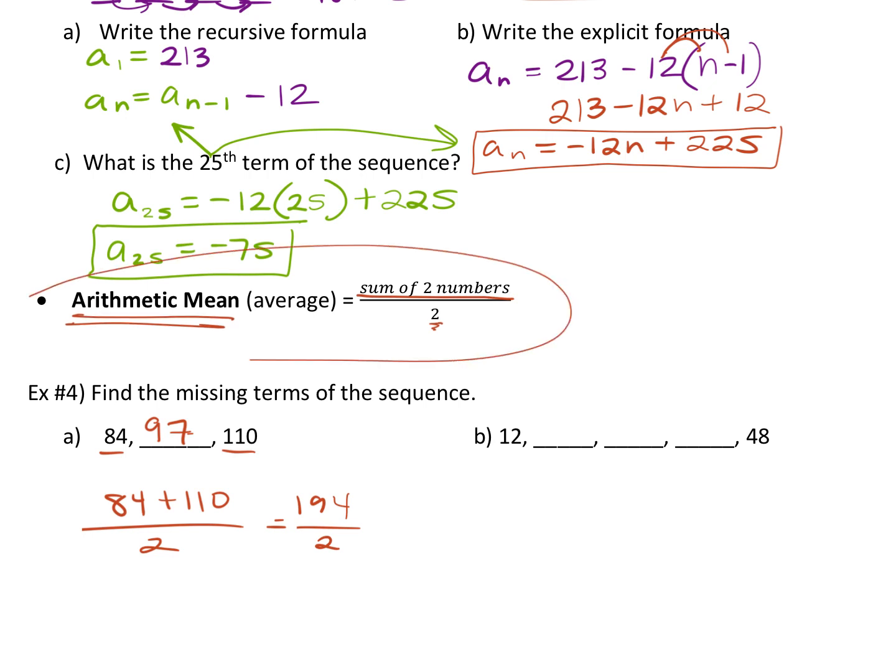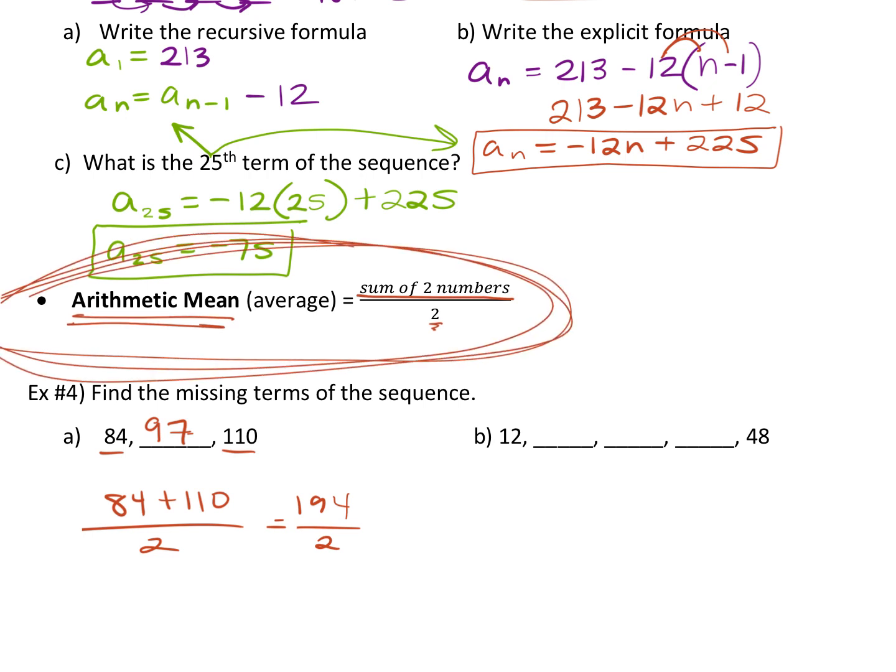We're going to do this same idea. We're still finding the arithmetic mean, but what number are we going to find first? The middle one. I can find the number right in the middle of it if I do 12 plus 48 divided by 2, right? So 60 divided by 2 is 30.